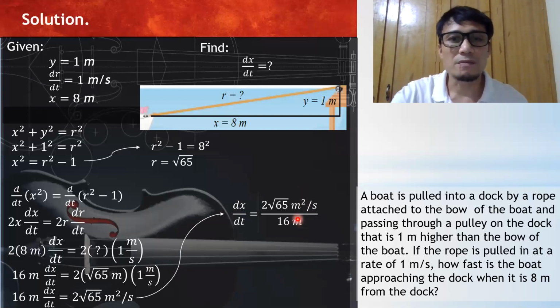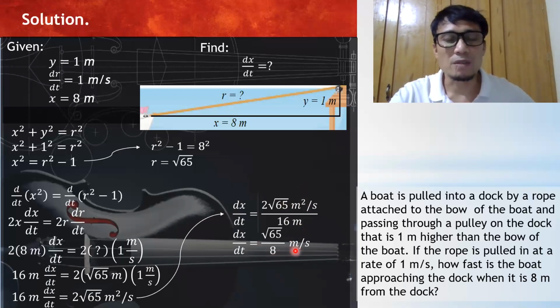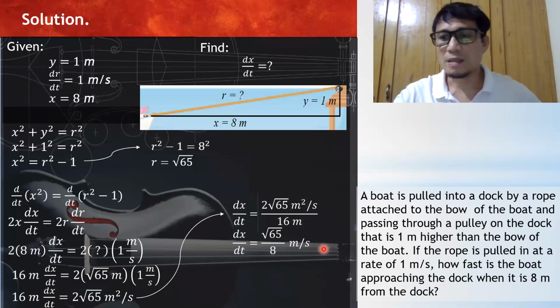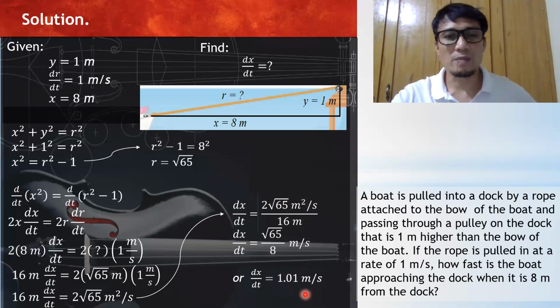And then this can be written as square root of 65 over 8 meter per second. Or you can use your calculator to get the approximate value of your dx/dt. So you can have 1.01 meter per second.